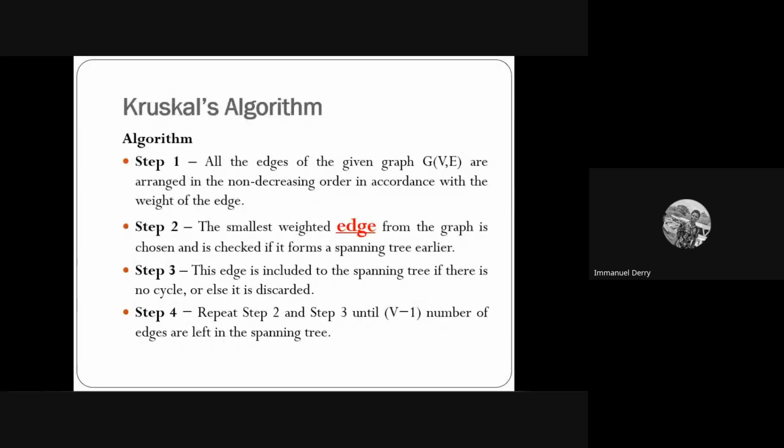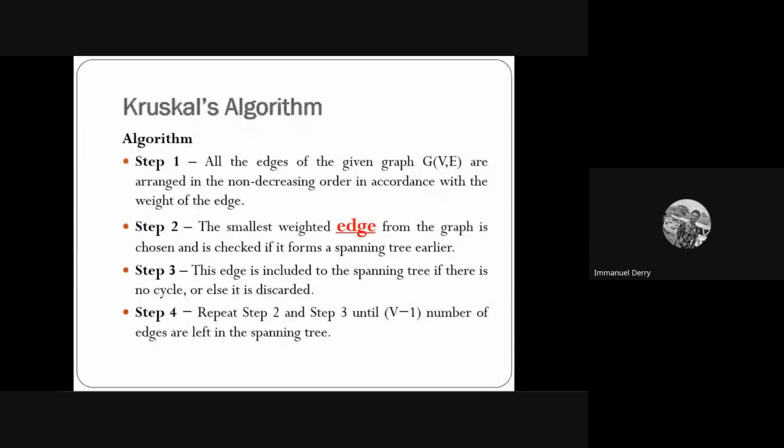So if the smallest weighted edge is picked, and it's about to be added to the spanning tree, and you realize that it's going to form a circle, you discard it. And then you repeat steps 2 and 3 until V minus 1 edges are in the spanning tree.